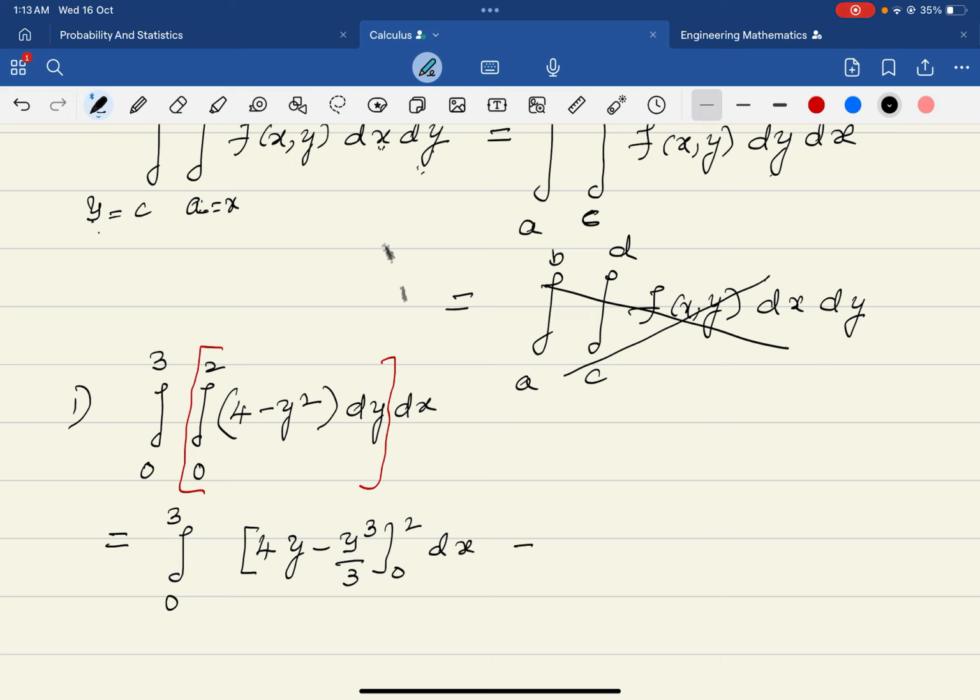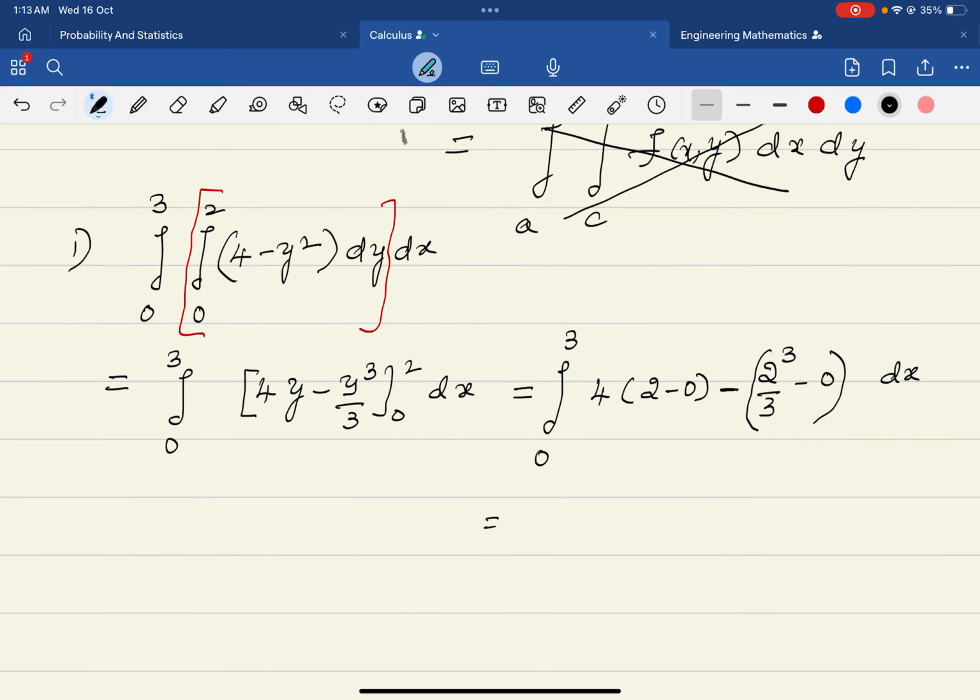Now let us apply the limits here first. The outermost integral from 0 to 3 will be as it is. Now apply the limits: 4 times of upper limit 2 minus lower limit 0, minus 2 cube by 3, and minus means you put a bracket here always, minus 0. The 0 cube means 0, and dx. So it gives you the integral from 0 to 3 of 4 times 2, which is 8, minus 2 cube by 3, which is 8 by 3, dx.